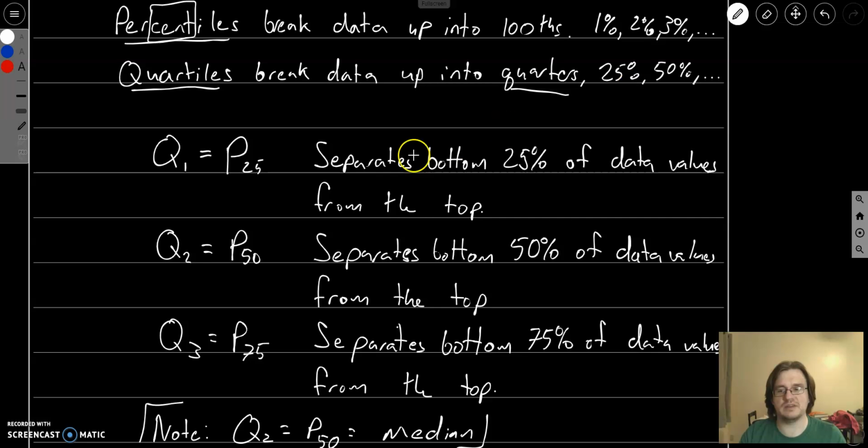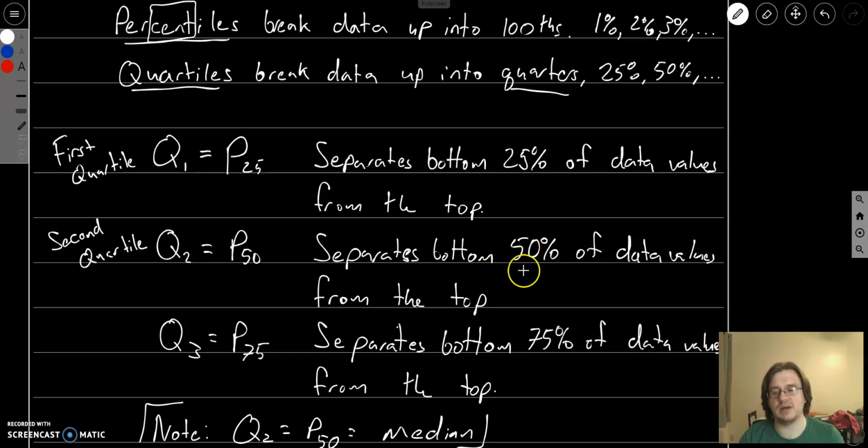So when we talk about the first quartile, this is the value that separates the bottom 25% of the data values from the top. This is the same thing as the 25th percentile. The second quartile is going to be the value that separates the bottom 50%, or 2/4 of the data, from the top 2/4.